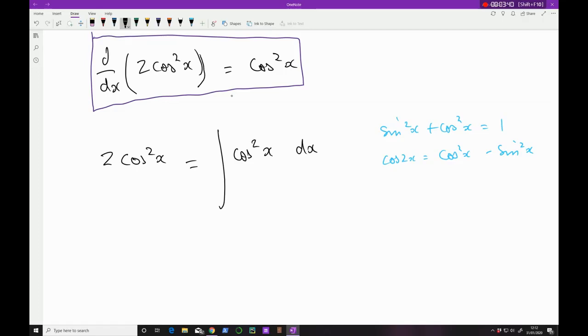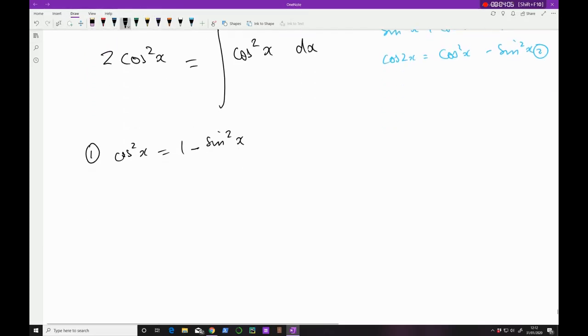Okay. So I'll start with identity number 1. Rearranged, it is cos squared x equals 1 minus sine squared x. And then this sine squared x is actually identity number 2 rearranged.